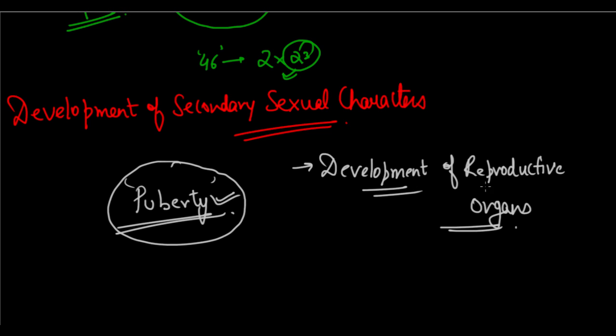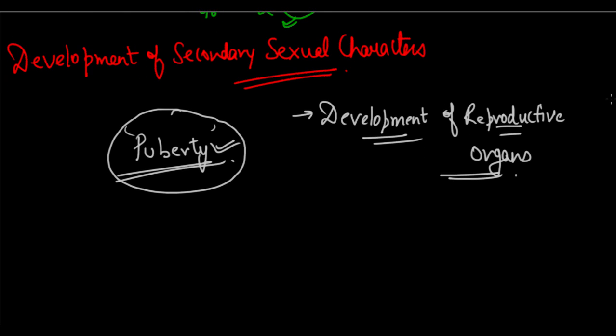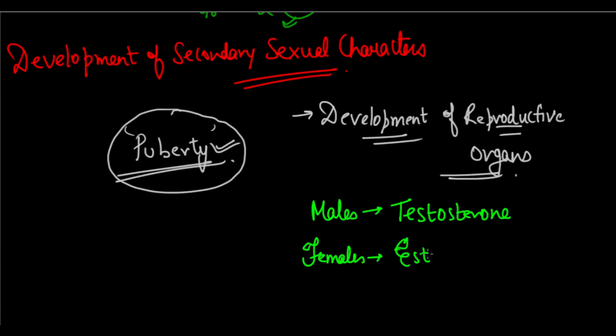So during the development of reproductive organs, what we are trying to do is achieve sexual maturity, and most of the body's energy is concentrated on achieving this sexual maturity, right? And this sexual maturity is achieved by the action of various hormones as well, right? Like in males, we have testosterone, which is secreted by the testes, and we have in females two hormones, estrogen and progesterone, right?